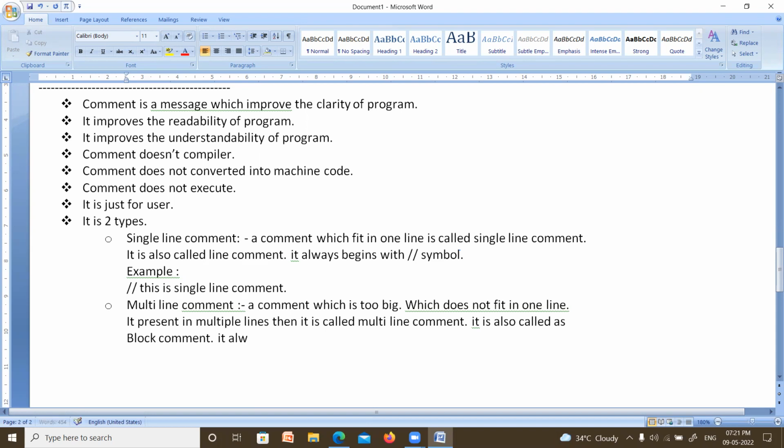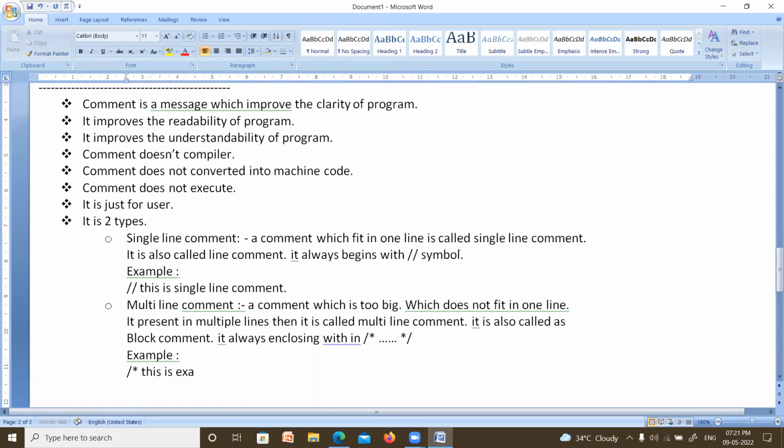It is always enclosed within slash and star. Here you have to write the multi-line comment. Finally, you have to close with star and slash. Now I will give you an example. You start with slash and star. Here you write the multi-line comment.